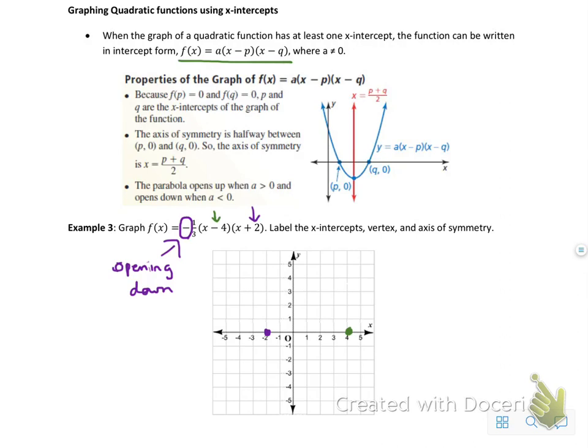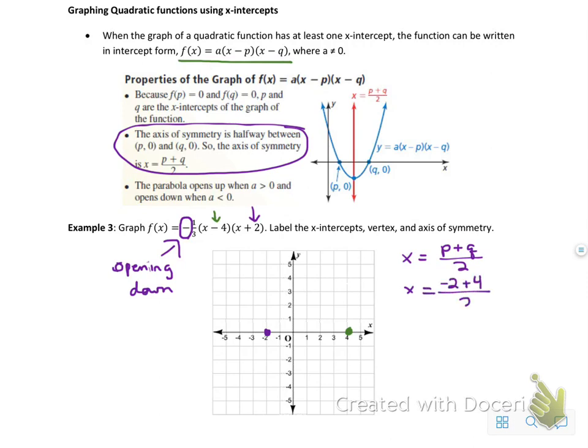Well, we have an equation for the axis of symmetry. The axis of symmetry is halfway between the P and the Q. So x is P plus Q divided by 2 for your vertex. Here our P is negative 2, our Q is 4, and we divide by 2.